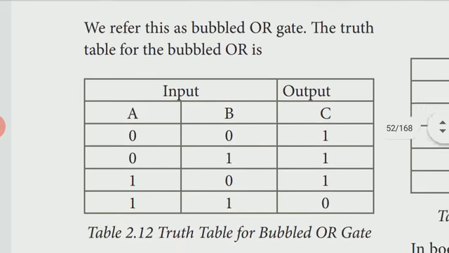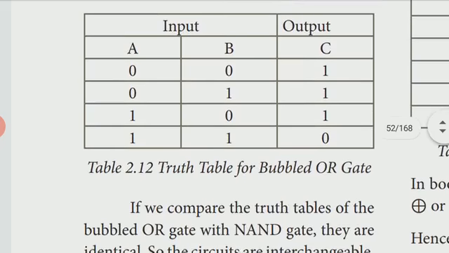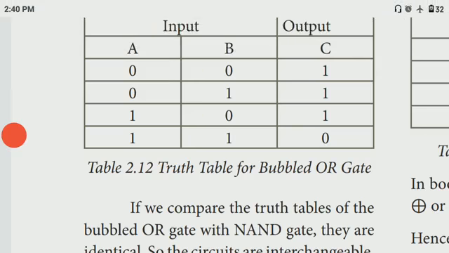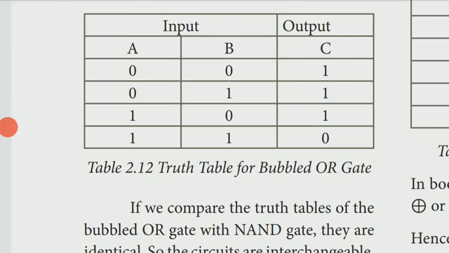Here, this is the truth table for bubbled OR gate. Input and then here is the output value. So, 0 or 0. So, 0 or 0 means answer is 0. For that 0, if you take complement, you will get 1. 0, 1. So, any one input is true, the answer is true.